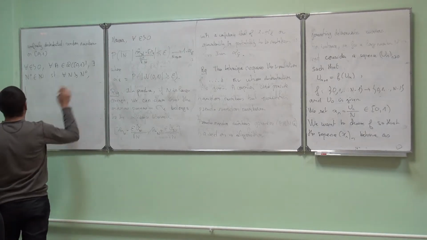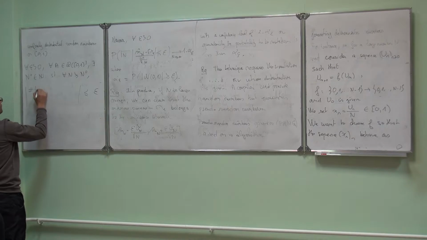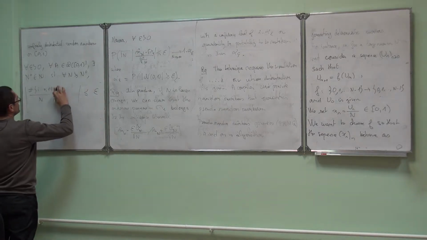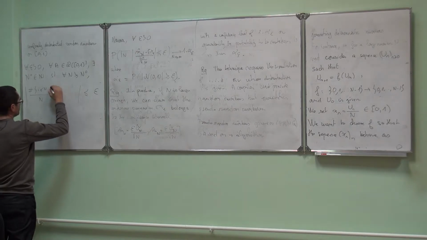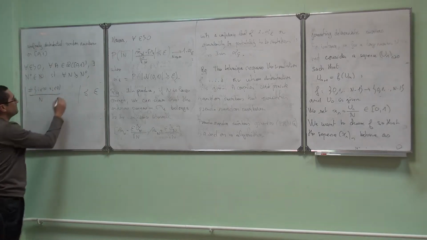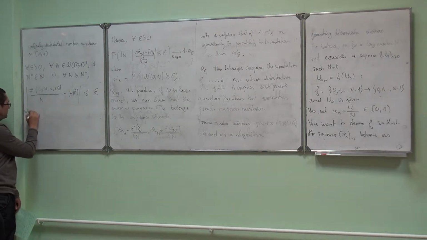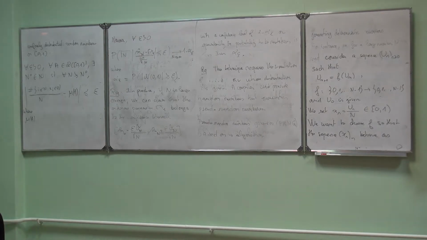Okay, so you want this quantity less than epsilon, that is the number of i less than N such that X_i belongs to A over the total number, capital N, the frequency, minus mu of A less than epsilon, where mu of A is the probability measure associated to the uniform distribution on the interval [0,1].